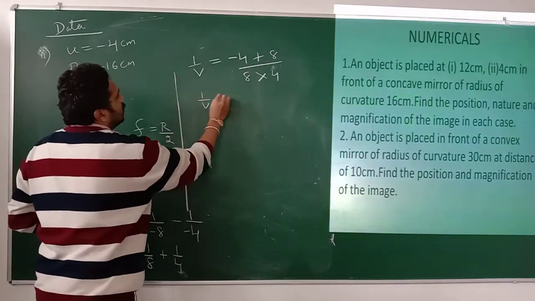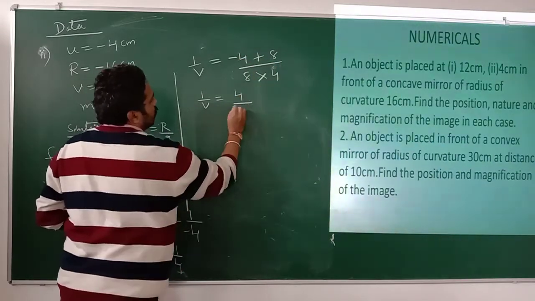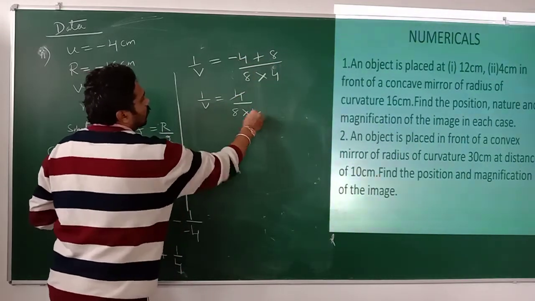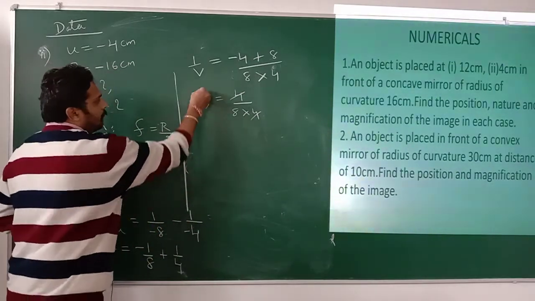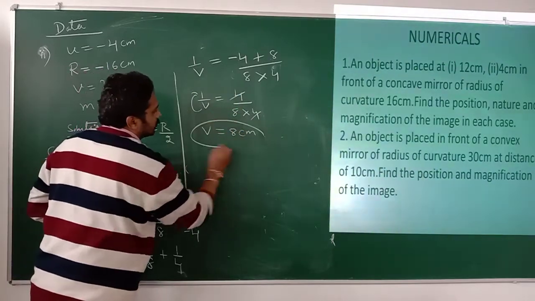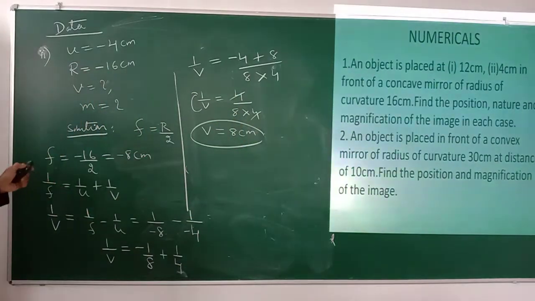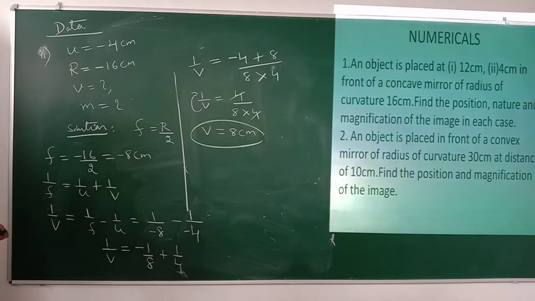Now 1 by V is equal to minus 4 plus 8, by 8 into 4. 4 cancels. Now you take V to the numerator. V by 1 is V. 8 goes to numerator, 8 centimeter. Now for object distance 4 centimeter, the image distance or the position of the image is at 8 centimeter.